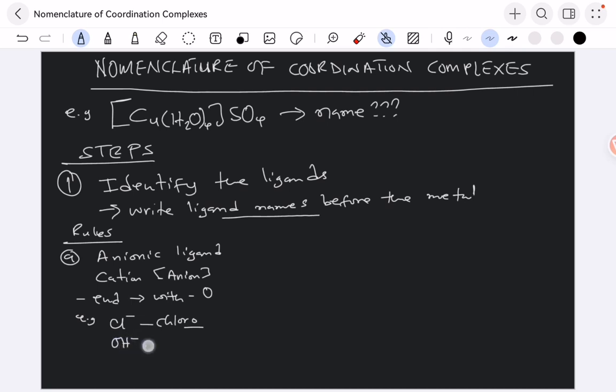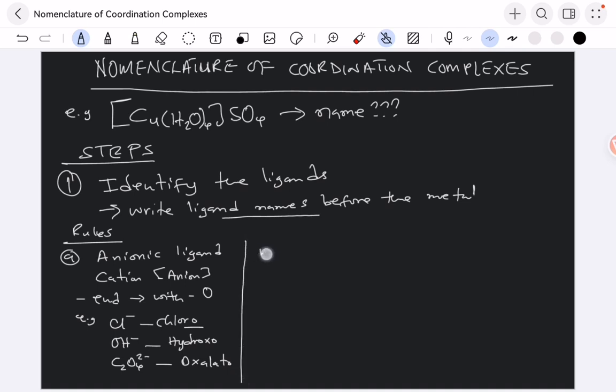OH negative becomes hydroxo. So this means that your ligand is on the anion side. C2O4 2 negative becomes oxalato. So we'll be familiar with these as we proceed.